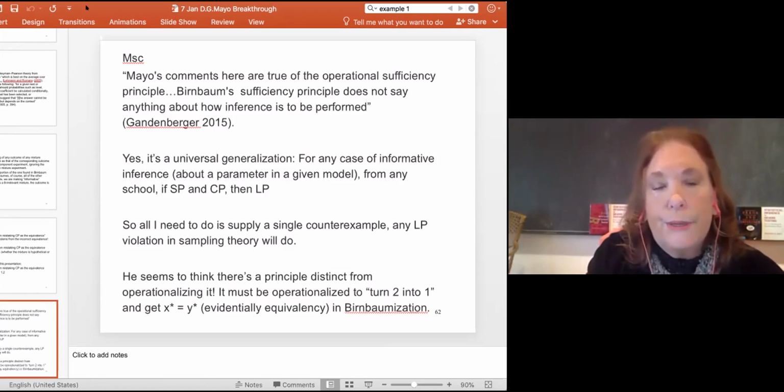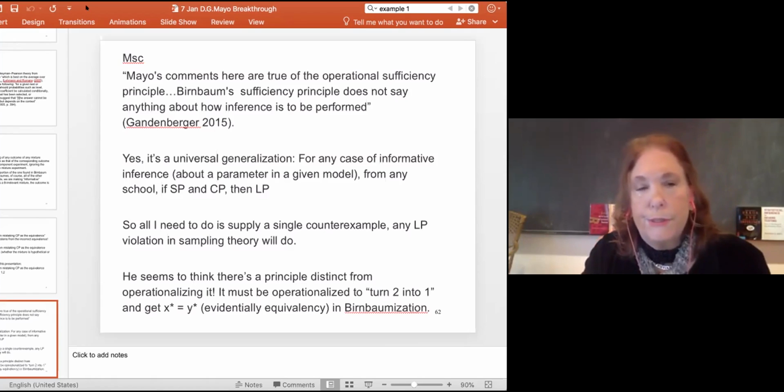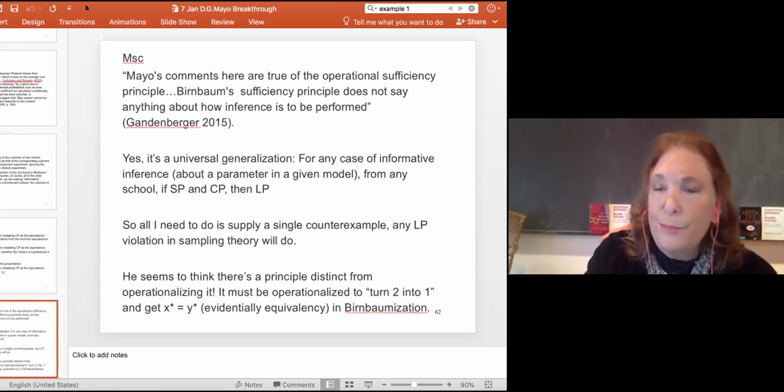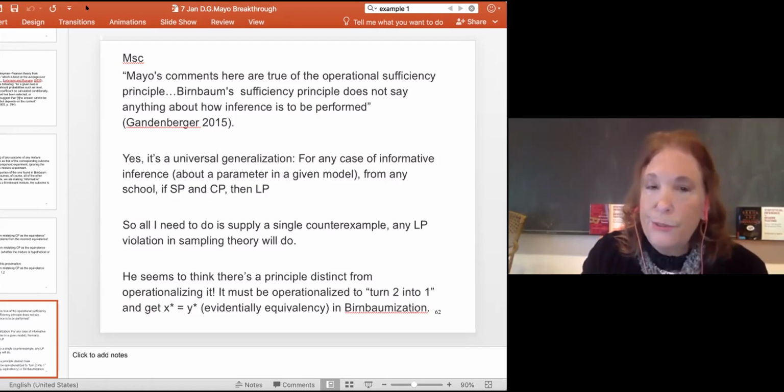And so here's what Gandenberger says, the person that she's referring to. My remarks, he says, are completely true for something he calls the operational sufficiency principle. That would mean actually applying the principle. I don't know what an unoperational one would be, one that you never apply.